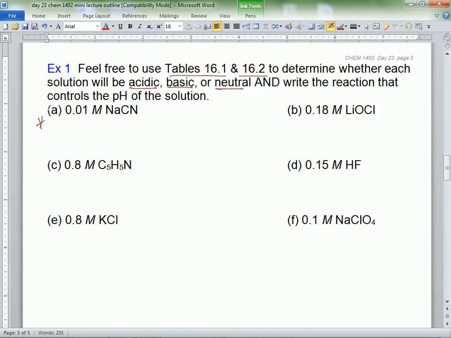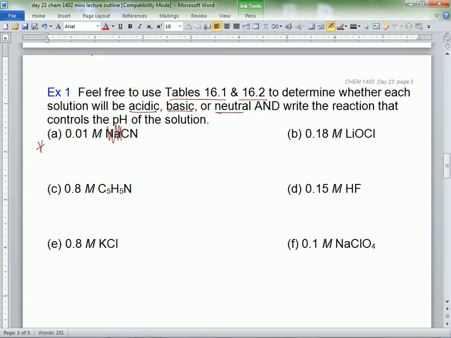Tegan, would that be an acidic, basic, or neutral solution? It's basic. Now, she's right, when you're looking at sodium cyanide, don't look at the sodium element. So you totally block it out. Okay? And then, now where is this cyanide?